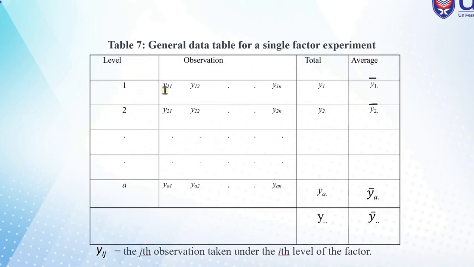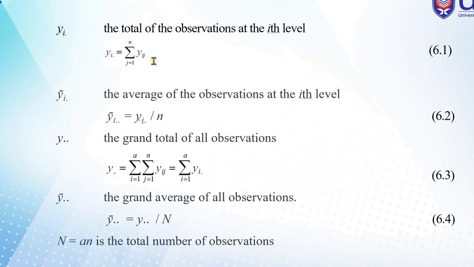So this is the formula, summing up to n, where n is the number of replicates. This one is the total. And then we have the average of each level, so we divide by the number of replicates, n. So for each level, we have the average.